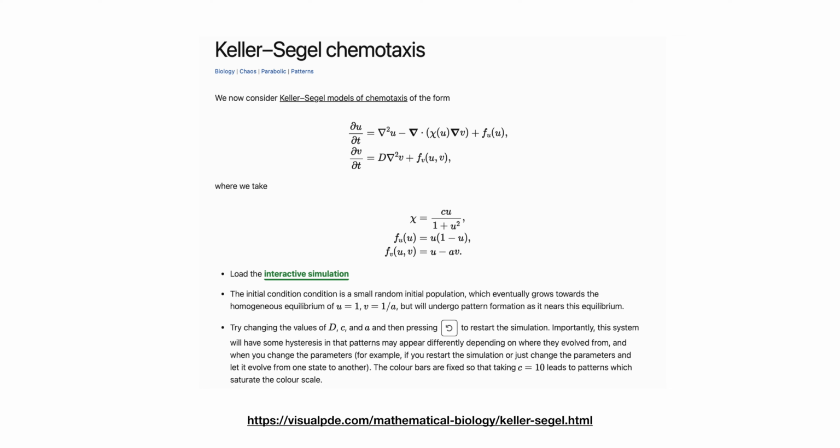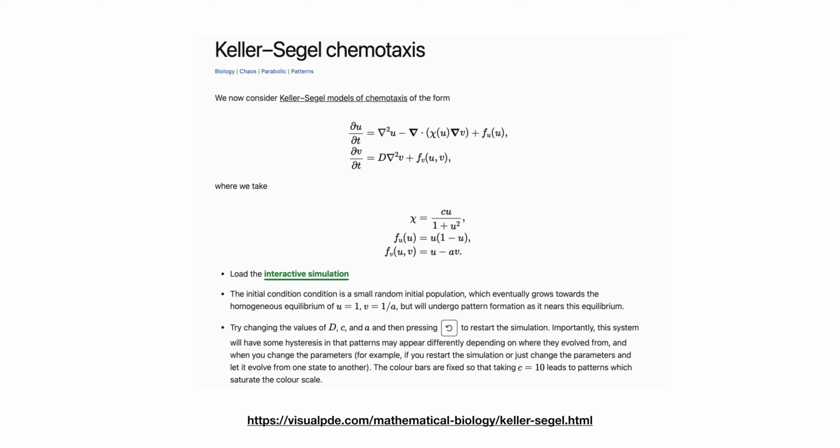You have some diffusion term for this density of the bacteria. Then you have here a drift term, and then here you have an additional reaction term that's included here, and here you have again the diffusion of your chemicals, and another term that comes from the reactions that we just talked about. Okay, that's the mathematical structure.